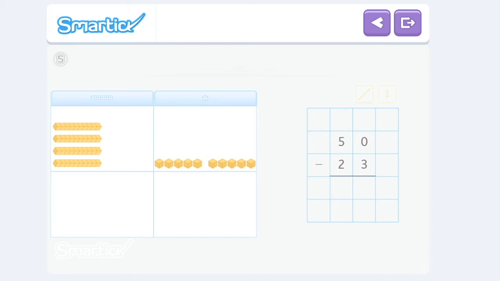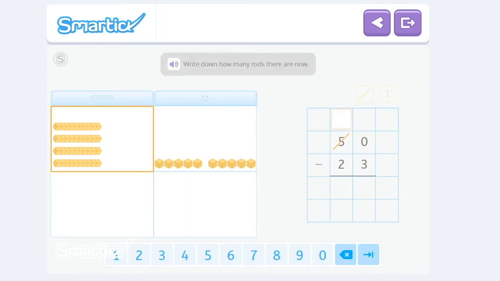Now you have enough units to start subtracting. Don't forget to make a note of the changes you made before subtracting. There aren't 5 rods anymore, so cross out the 5 by dragging the line to it. When you've done it, press the Continue button. Write down how many rods there are now: 1, 2, 3, 4 tens.